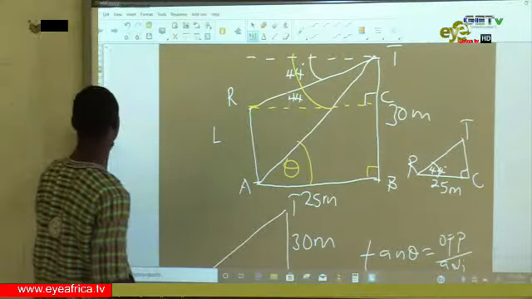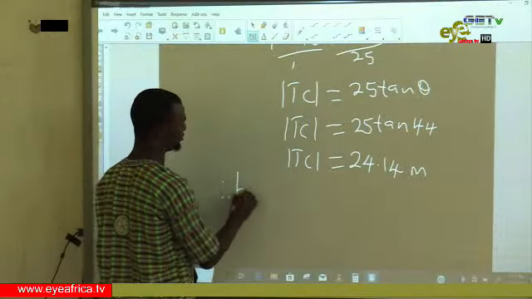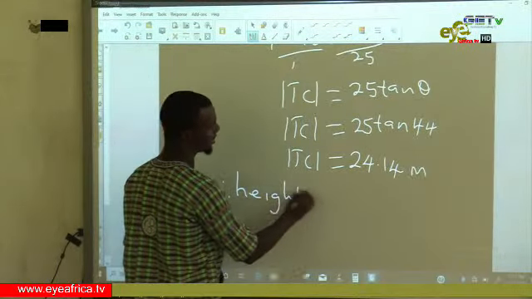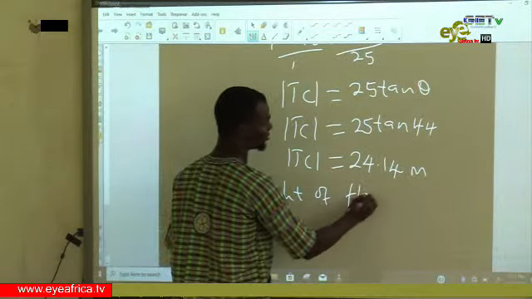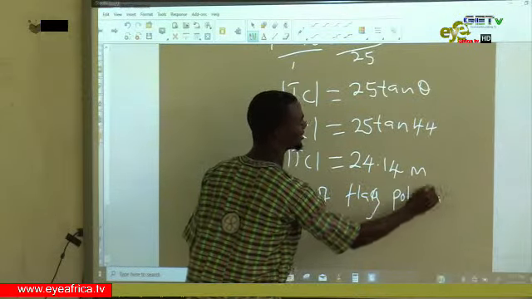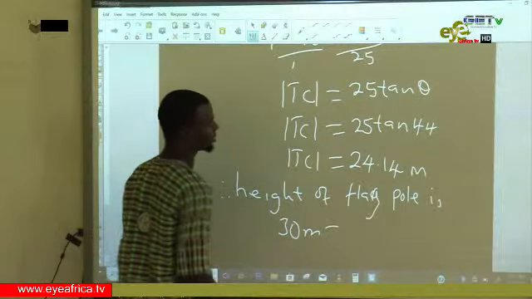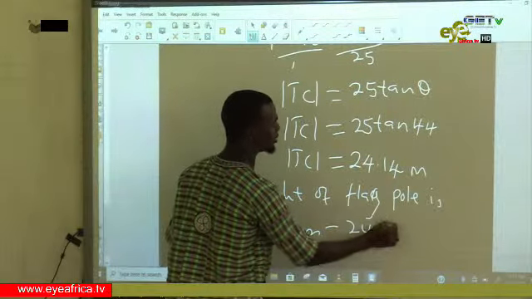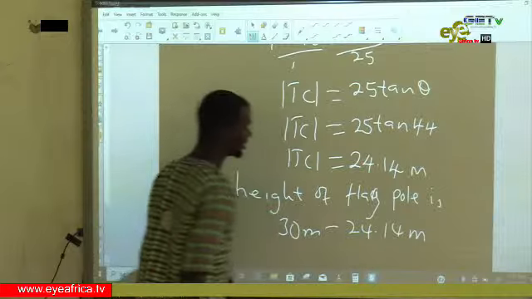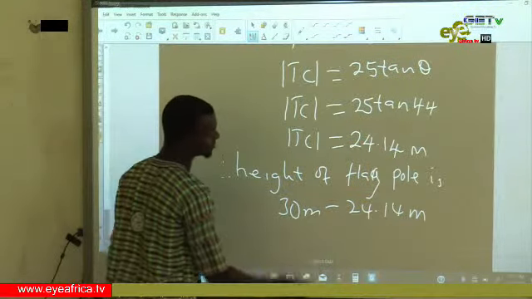So to get the height of the flagpole, we will have, therefore, the height of the flagpole is going to be 30 meters minus 24.14 meters. Minus 24.14 meters will give you what?